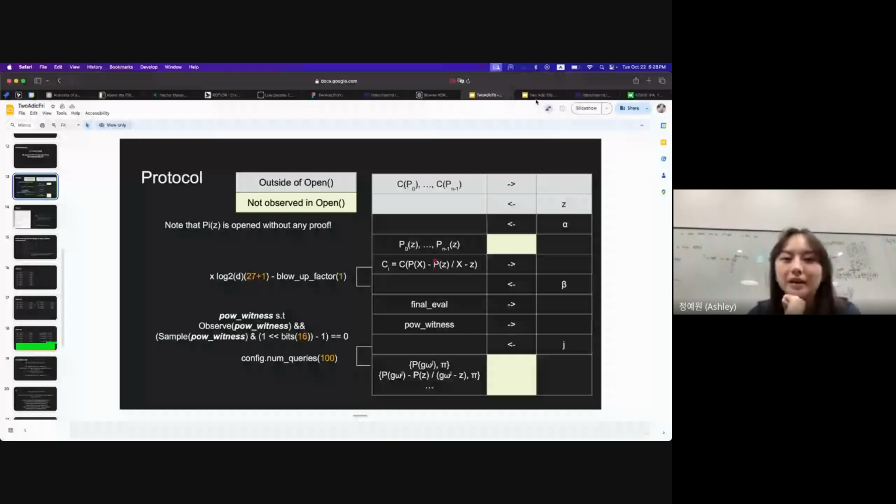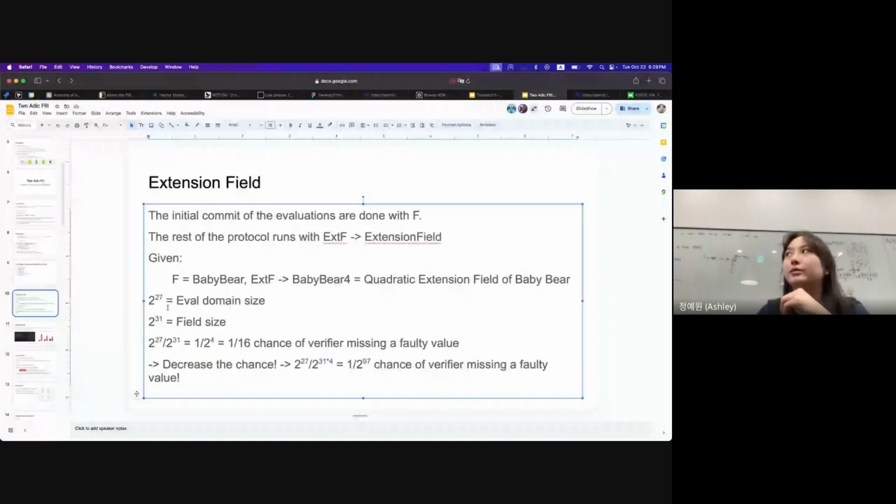This is what I mentioned earlier, the commits of the polynomial evaluation on a certain domain, and that's committed initially in TwoAdicFri. The values of this are just regular field values, but the results of this are zeta, and these values are all extension fields.